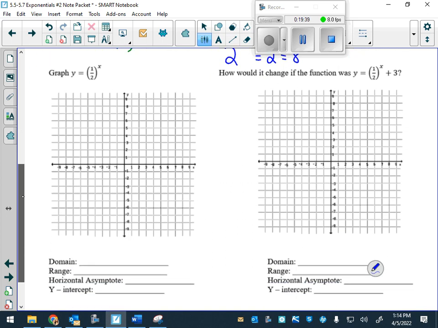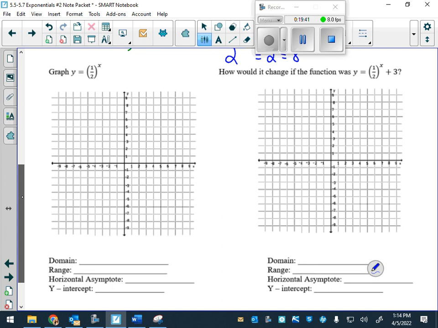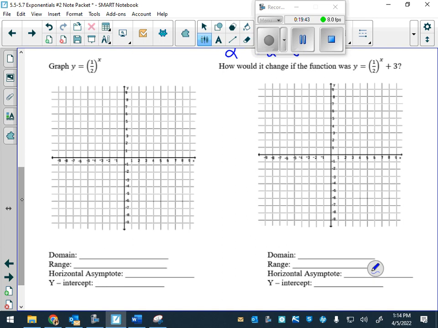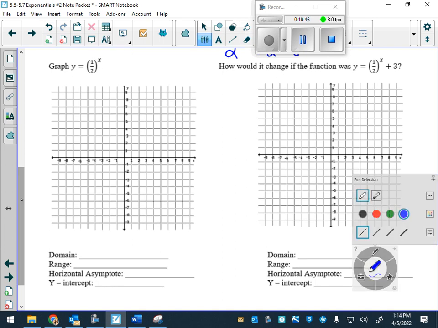What type of function will this be? It would be a decay function. All right. We're going to do the same table of values. All right. We have 1/2 to the -2nd. What would that end up being? Give you guys a minute to figure it out.